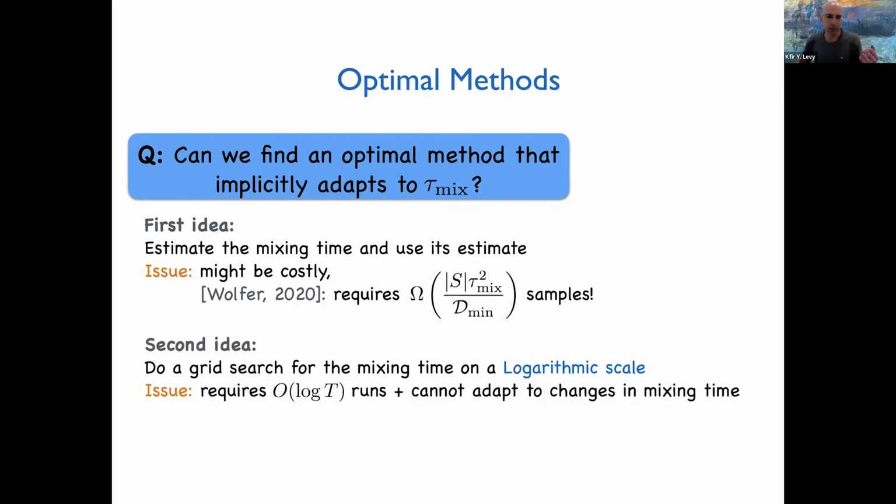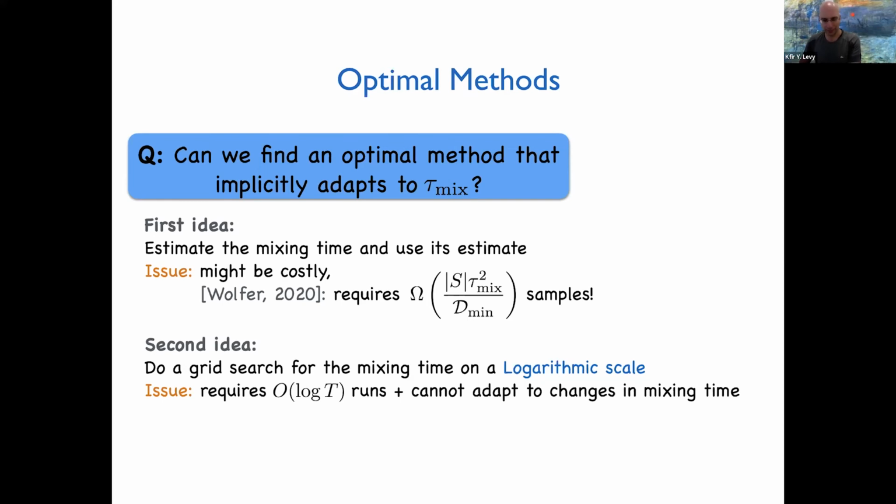Another idea is to do a grid search for the mixing time, meaning that you apply one of the previous algorithms with various values of the mixing time to the data set, and then you take the best result. But this requires at least log T runs, and it means that you have to save the data set.